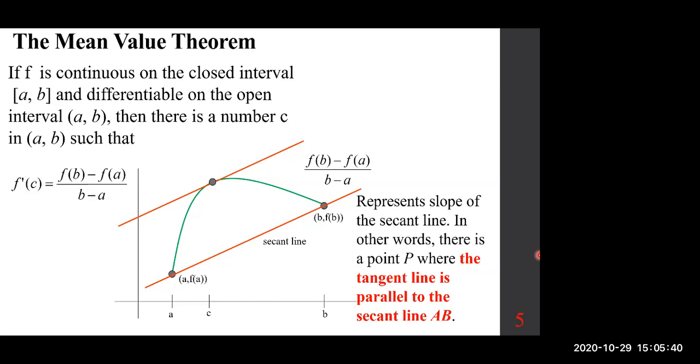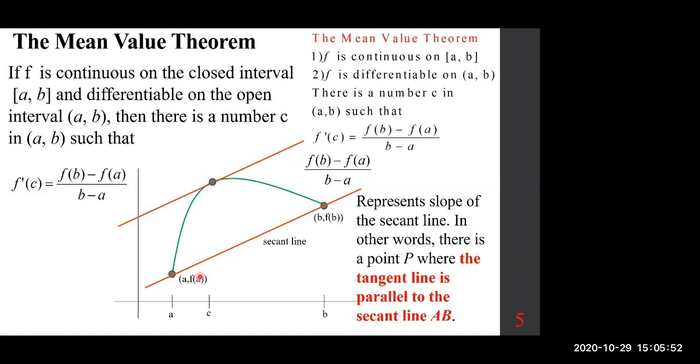Okay, class? We are considering this line to be the secant line. And so the mean value theorem, in short: f is continuous, f is differentiable, there is a number c in between such that f prime of c is f of b minus f of a over b minus a. So that's the synopsis of it.